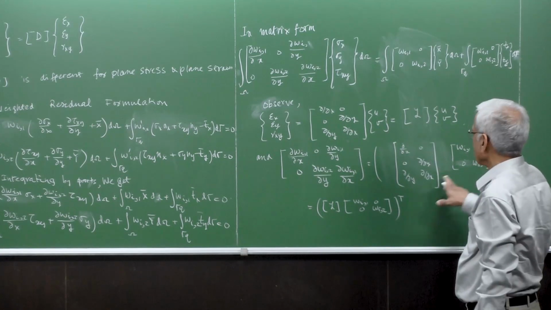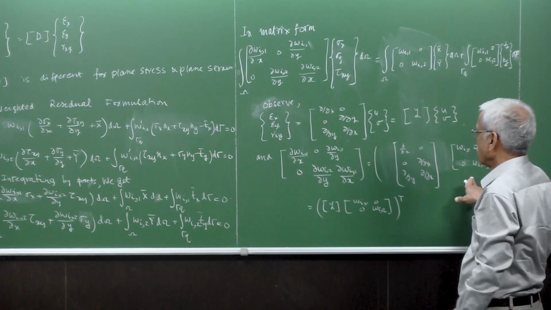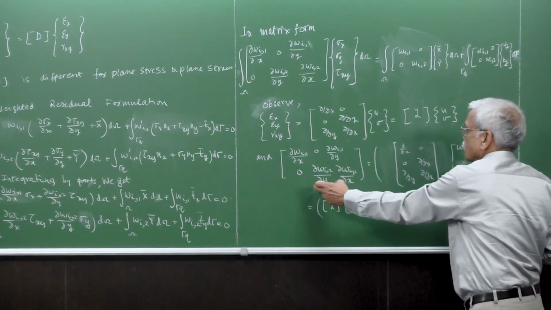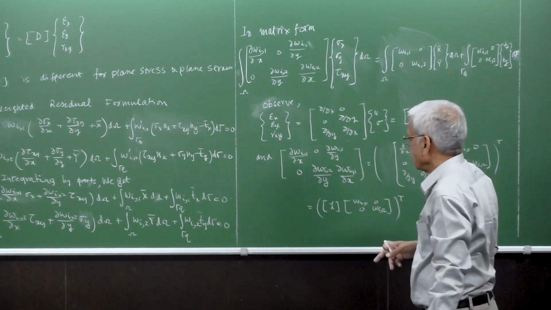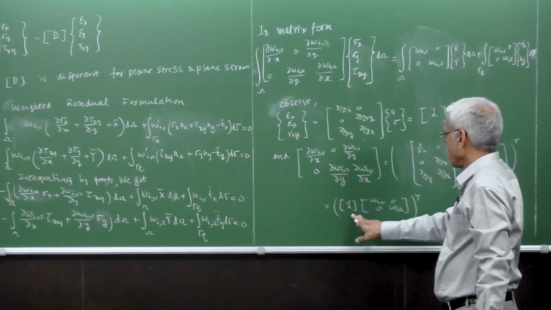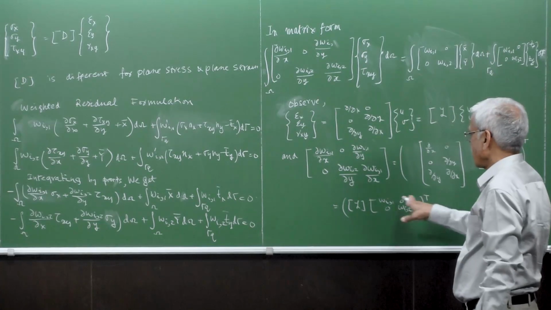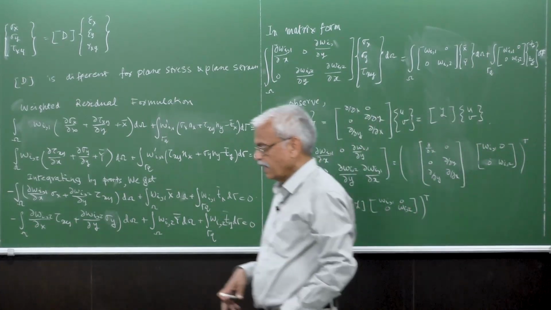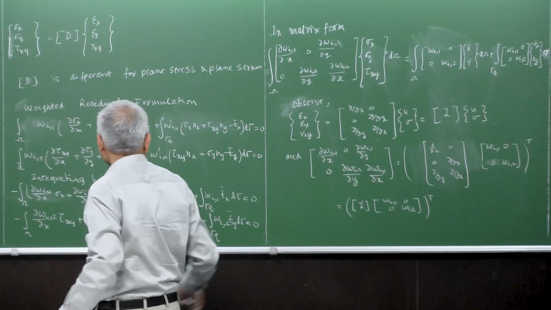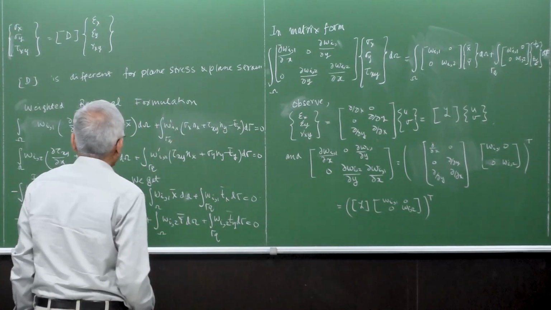This is actually 3 by 2 times 2 by 2, so it is 3 by 2. When you transpose it, you get a 2 by 3 like this one. So it can be written as L operating on the weighting function matrix, and the whole thing taken as a transpose. This is how we do it.